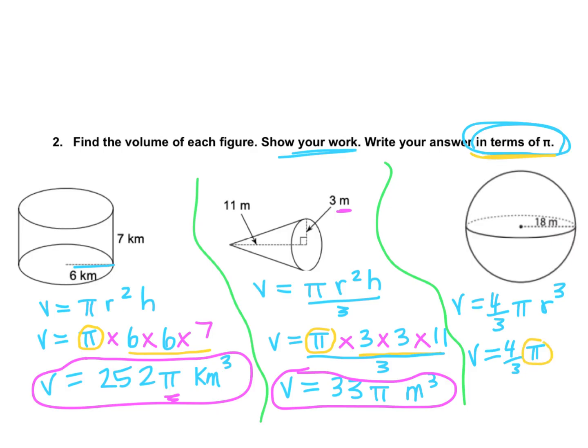And then we need 18 to the third power, 18 times 18 times 18. Now type all that in your calculator: 4 divided by 3, or use your ABC button, times 18 times 18 times 18. That gives us 7,776 pi. And I'm going to squeeze this in here, meters to the third power.